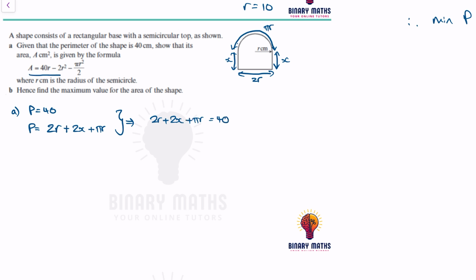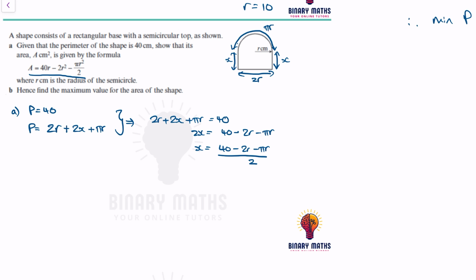Now we're aiming for this, which has no x in it, so I need to rearrange to make x the subject of the formula. So 2x will be equal to 40 minus 2r minus pi r. So x must be equal to 40 minus 2r minus pi r, divided by 2.